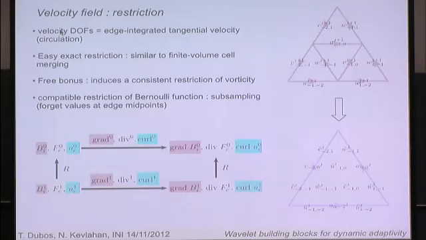So if I take the curl on the fine grid and restrict, it's the same thing as restricting velocity and taking the curl. And I also have the same thing for grad. I can take the grad on the fine grid, do my restriction, and it's the same thing as taking the grad directly on the coarse grid. So that will guarantee that I don't generate vorticity on my adapted grid. I mean, the gradient term doesn't generate vorticity on the adapted grid.